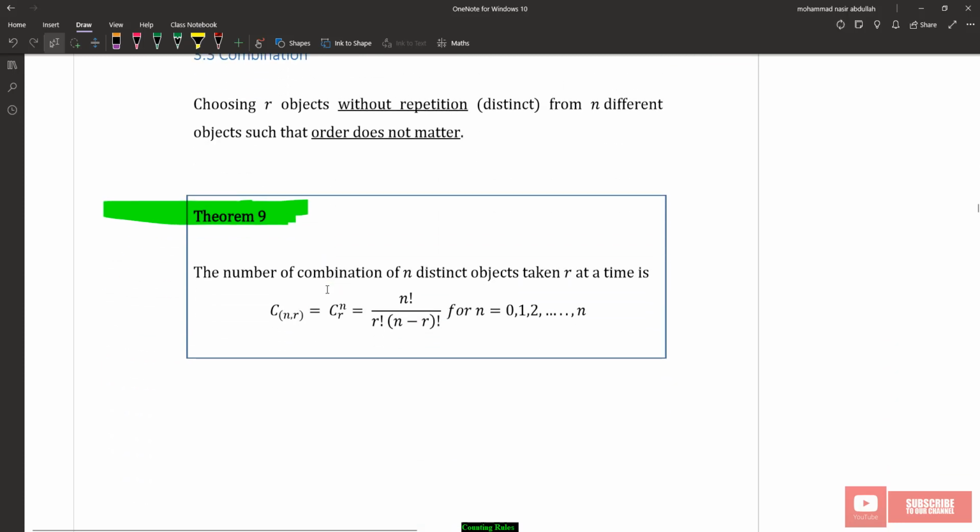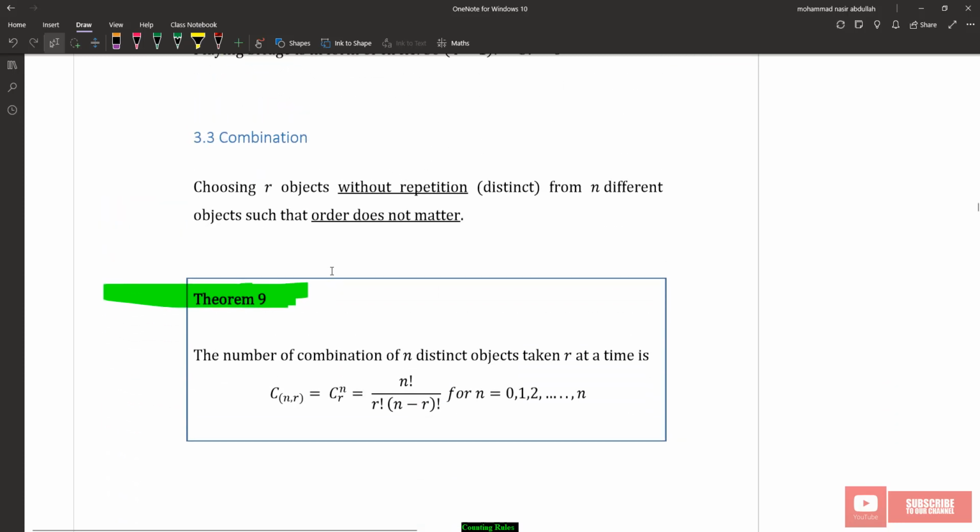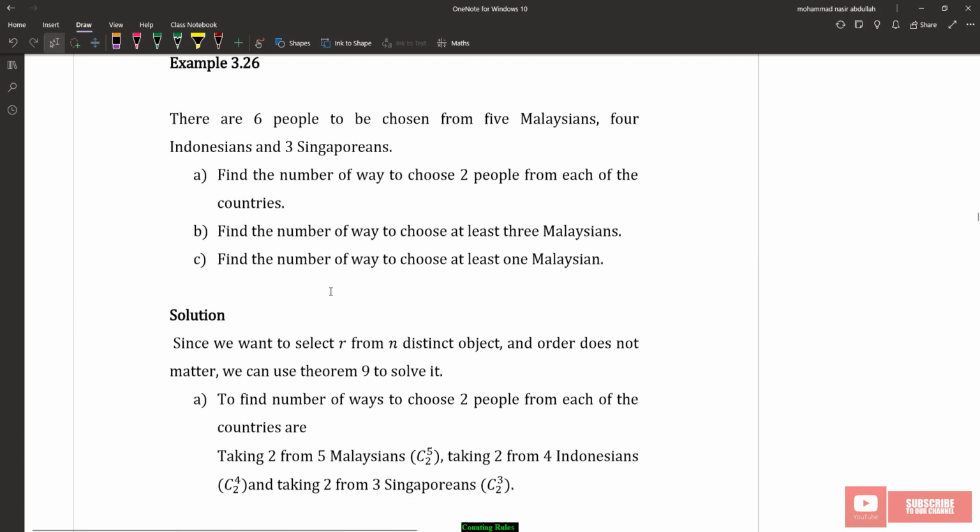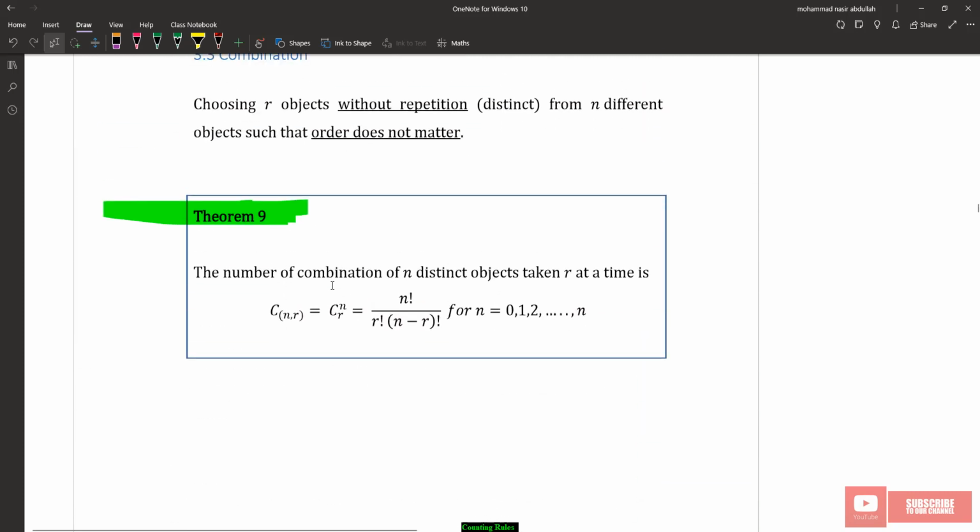Now let's look at combination. This is the last theorem, I believe. After this, we will look into a question. Now, combination is related to theorem number 4. Theorem number 4 is about permutation, if you still remember.